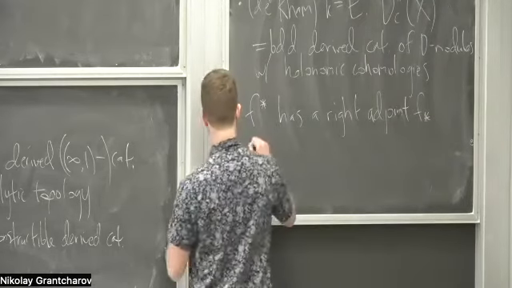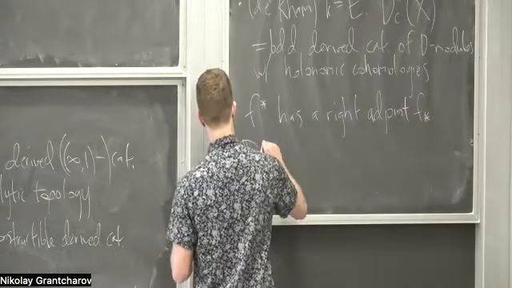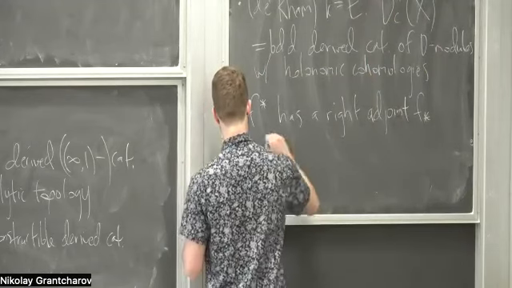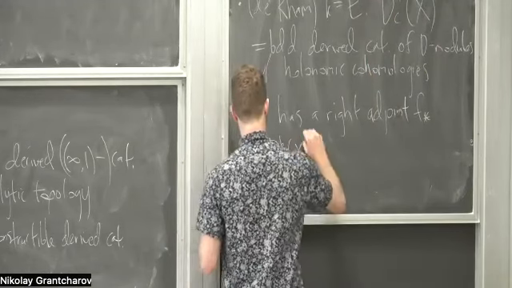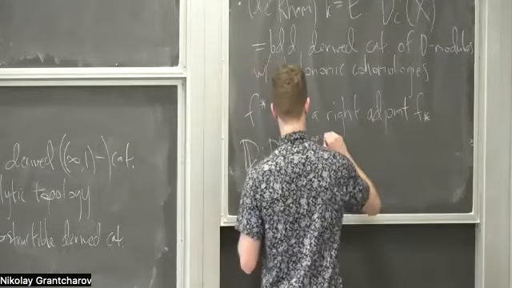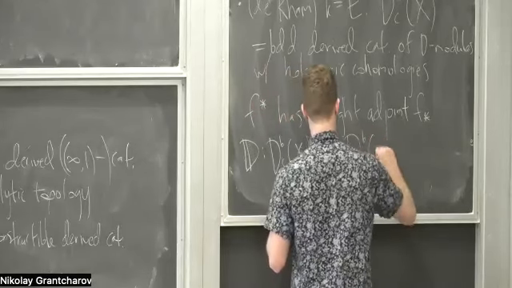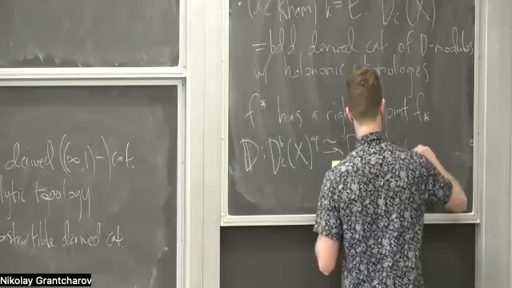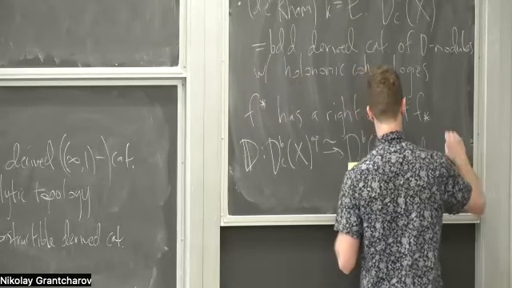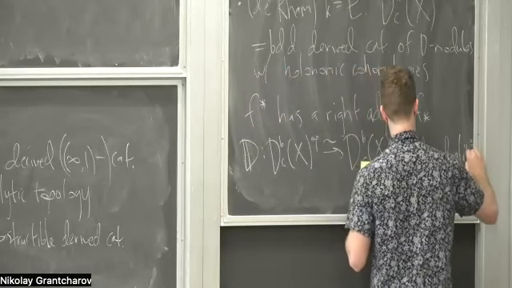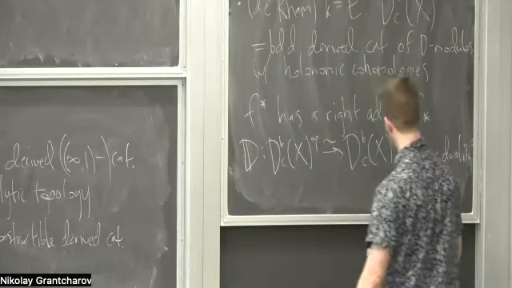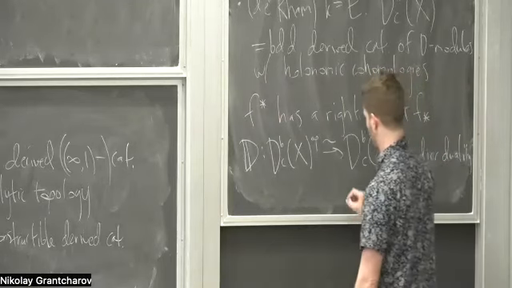Another piece of structure here is Verdier duality. So there's a contravariant self-equivalence, Verdier duality, in all these situations.